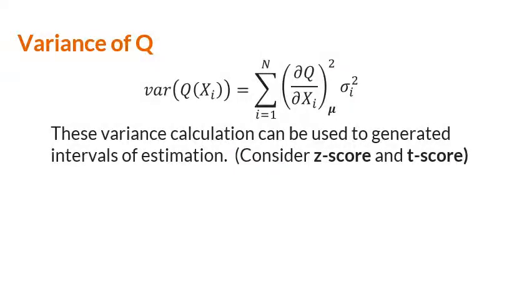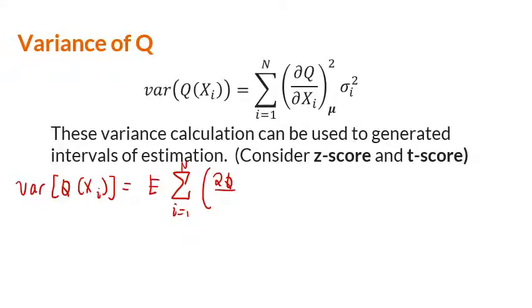Okay, so continuing, our variance now, yung sa previous slide, is given by this equation. So variance of q of x is equal to the expectation of the summation of I from 1 to n of partial of q with respect to x sub I squared evaluated at mu, times x sub I minus mu sub I quantity squared.